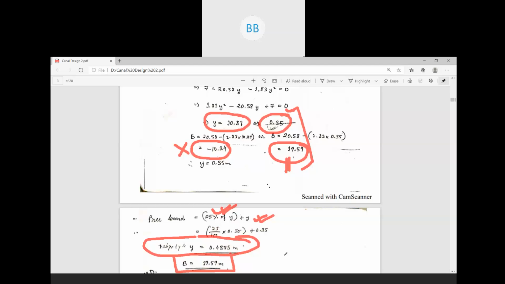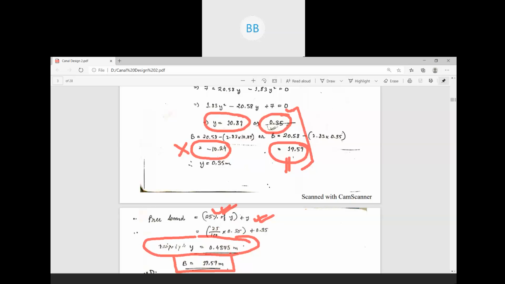So first you have to find out the y value. Then for each y you have to consider two widths of the channel. Definitely you will be getting one negative. That negative width we are not going to consider. We are going to consider only the positive values, because our width of the channel cannot be negative.